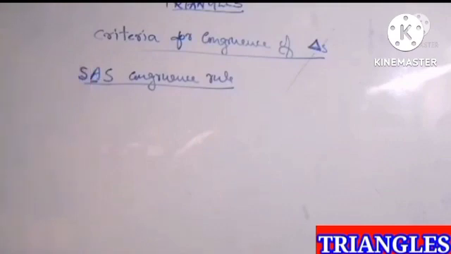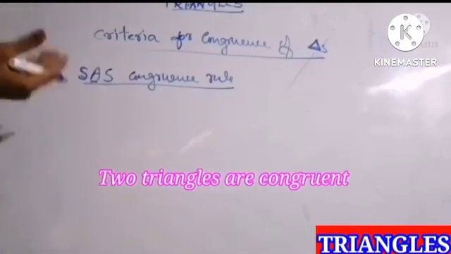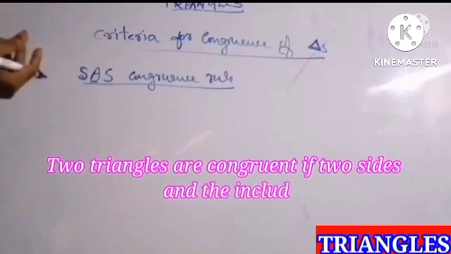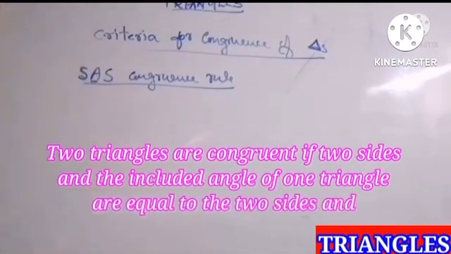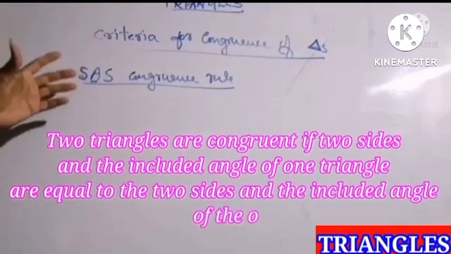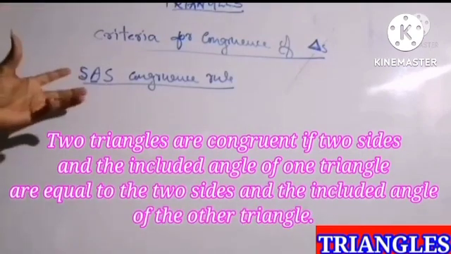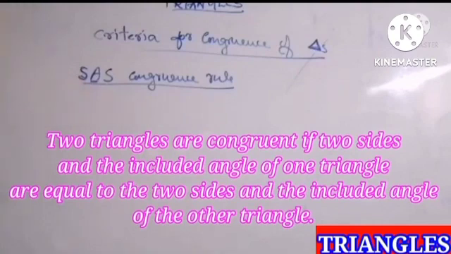So what is the criteria? That is the SAS congruence rule. 2 triangles are congruent if 2 sides and the included angle of one triangle are equal to the 2 sides and the included angle of the other triangle. That is the SAS congruence rule.